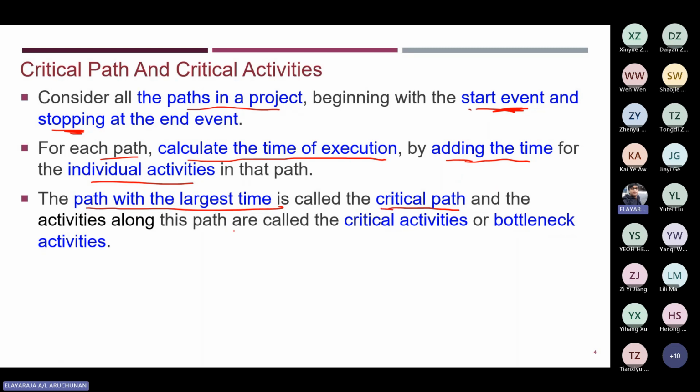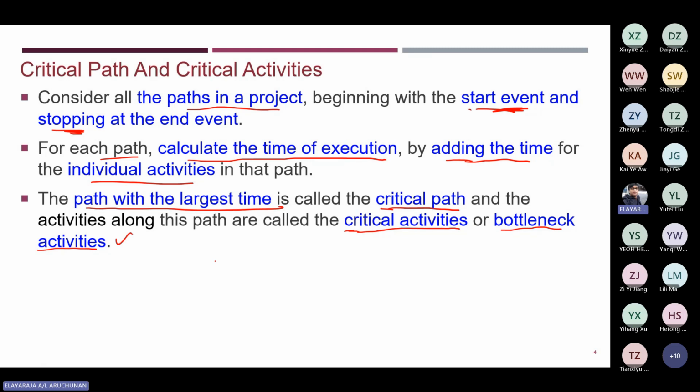The activities along this path are called critical activities, or we also call them bottleneck activities. Each activity in the critical path is called a critical activity because it is very important and can affect the entire project completion.